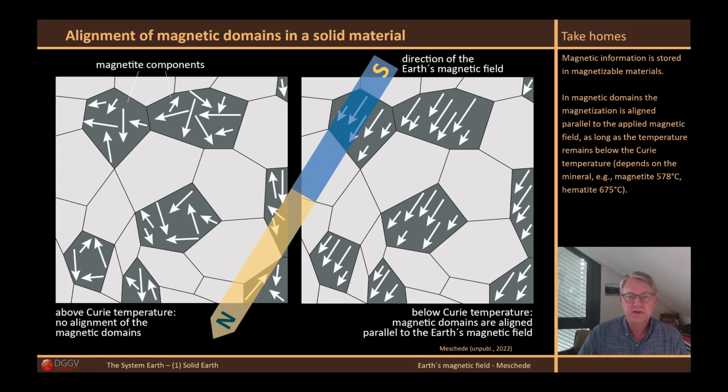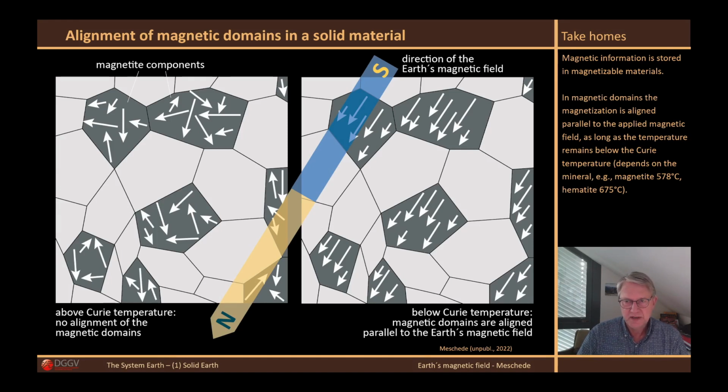And this is significantly below the melting temperature. This temperature is called the Curie temperature, named after the famous physicist and Nobel Prize winner Pierre Curie. Above this temperature, the magnetization is unstable and cannot be stored.